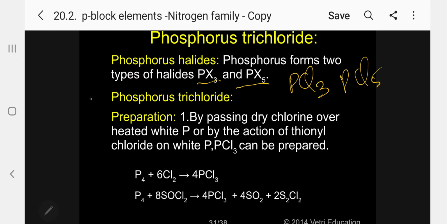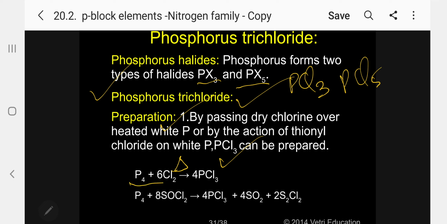Let me take first phosphorus trichloride preparation. By passing dry chlorine over heated white phosphorus, or by the action of thionyl chloride on white phosphorus, trichloride can be prepared. So please follow. This is the method we can prepare it easily.